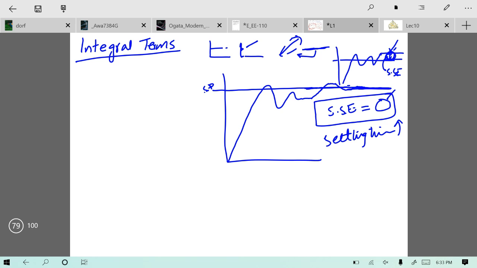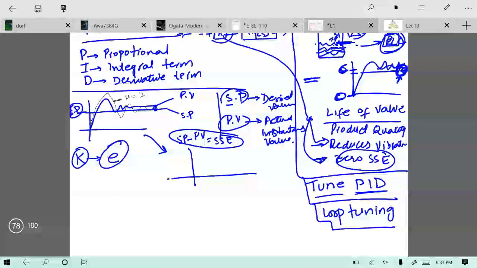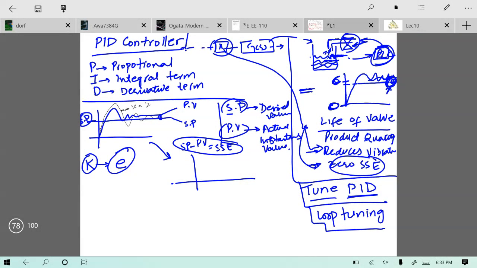So just imagine the example of this valve again. Initially you would have been thinking that it would be ideal if this valve is completely open or completely closed. Yes, we can make it possible by installing an integral controller behind our G of S. This is G of S, which is the actual process of closing this valve.